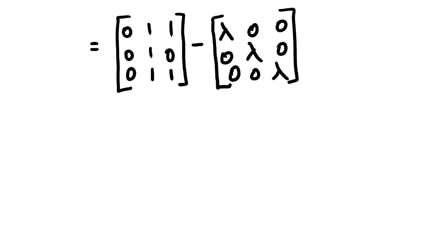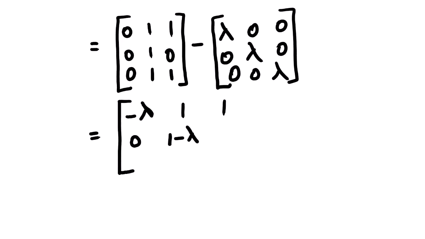Then from here, 0 minus lambda, it's negative lambda. 1 minus 0 is 1. 1 minus 0 is 1. 0 minus 0 is 0. 1 minus lambda is 1 minus lambda. 0 minus 0 is 0. 0 minus 0 is 0. 1 minus 0 is 1.